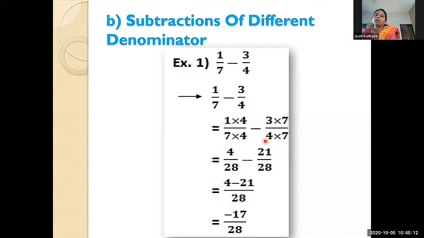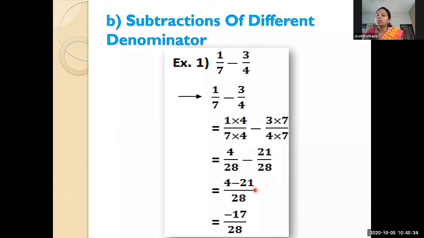Then the next step, 4 ones are 4 divided by 4 sevens are 28, minus 7 threes are 21 divided by 7 fours are 28. Now the denominator is the same, 28. Okay. So 4 minus 21.